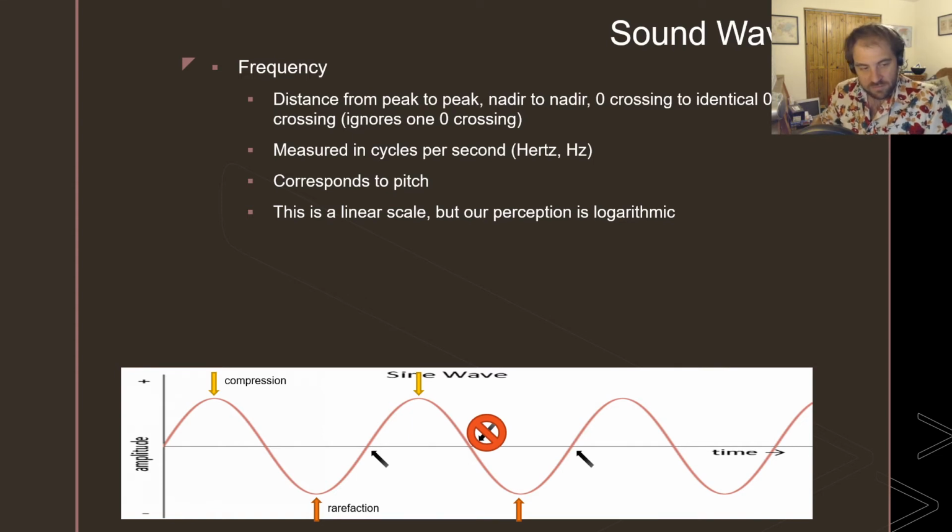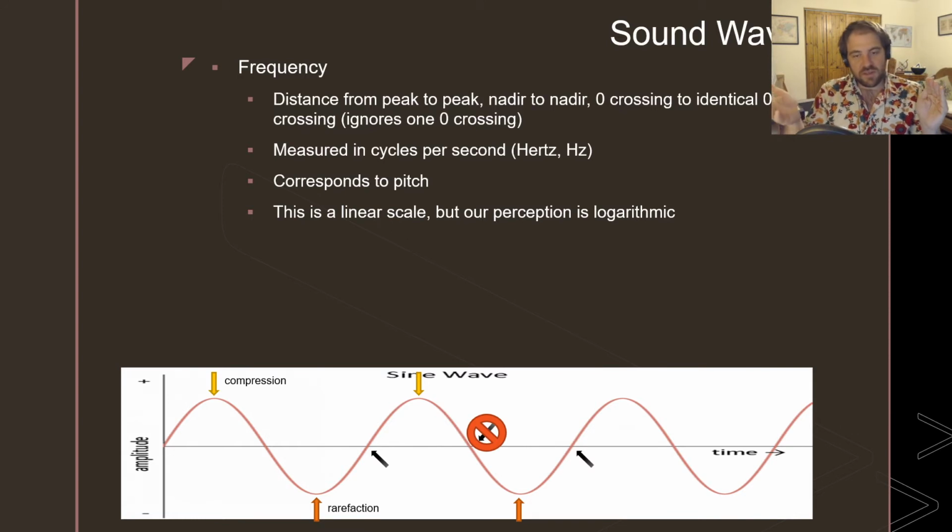Now I have to do mental math that I wasn't prepared for, so that's not great. 80, 12, and then you carry it, and so it's like 1320. Yeah, I think that should be right. So it should be 1320 hertz if it was linear.